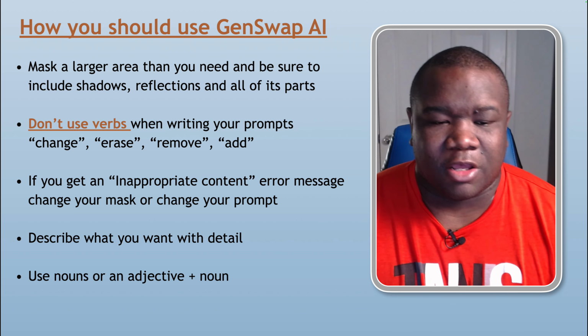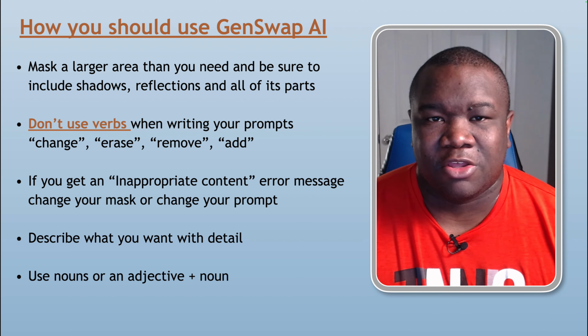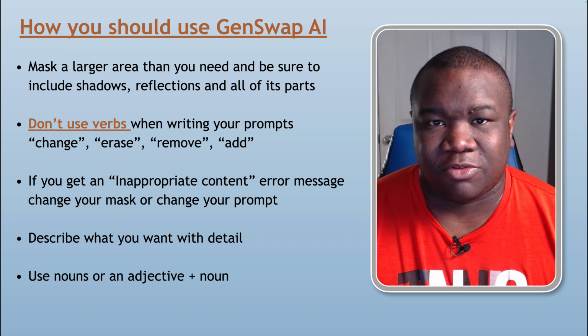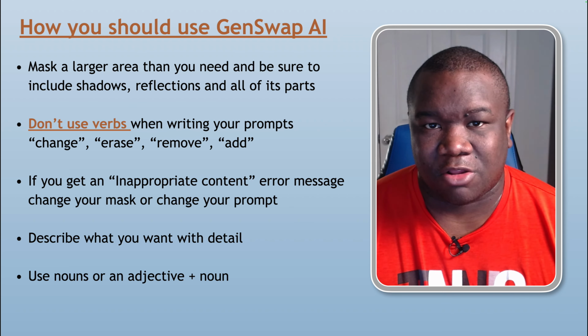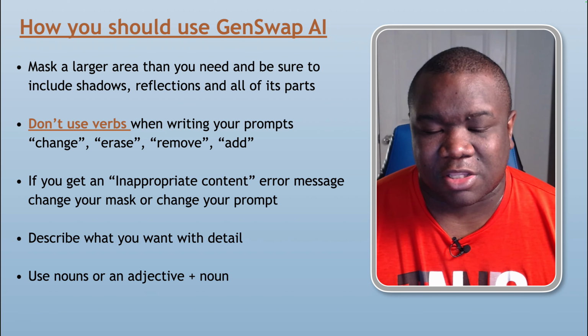All right. And then last one, use nouns or an adjective plus a noun. You want to describe the thing, like I just mentioned in my last example of yellow grass, yellow highlights, and dark shadows, things like that. All right.